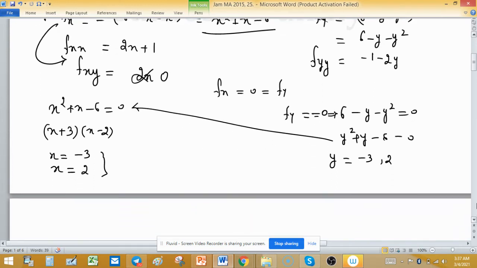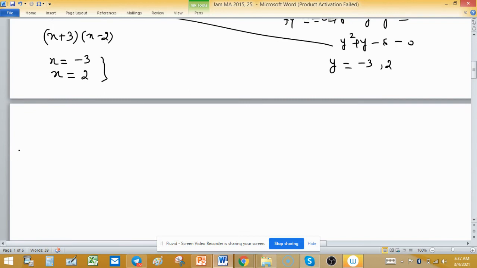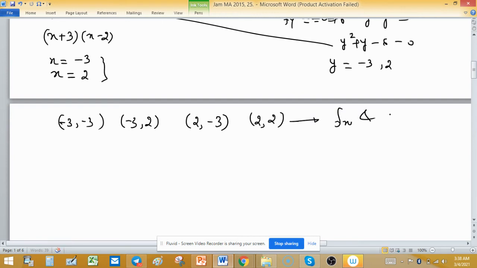Now make combinations of coordinates xy. The critical points will be minus 3 comma minus 3, minus 3 comma 2, 2 comma minus 3, and 2 comma 2, and we need to check where fx and fy are both 0 at the point.